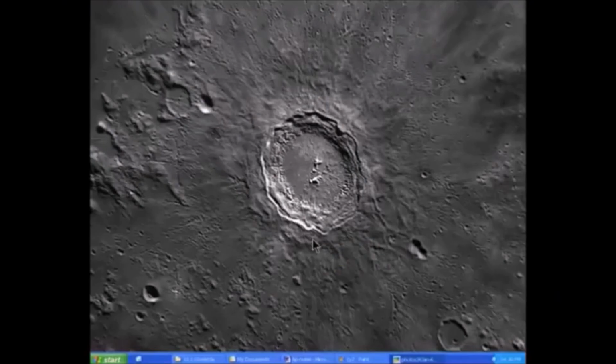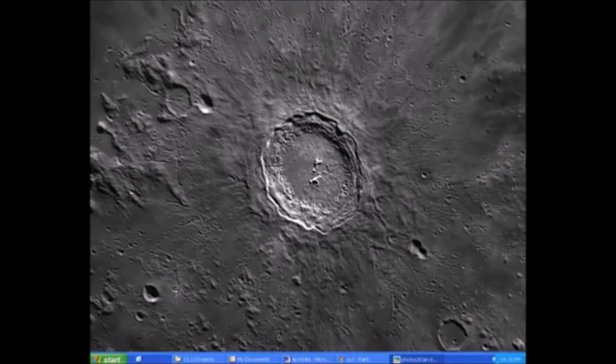Those craters are on average about 1.5 miles wide. These innumerable craters, you can even count them. 1.5 miles wide. That's still twice as wide as Meteor Crater.